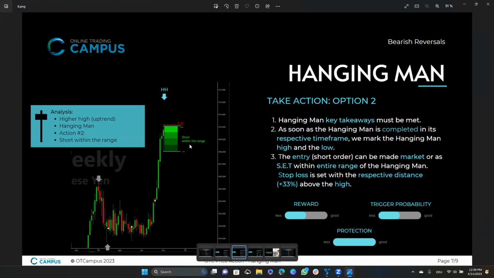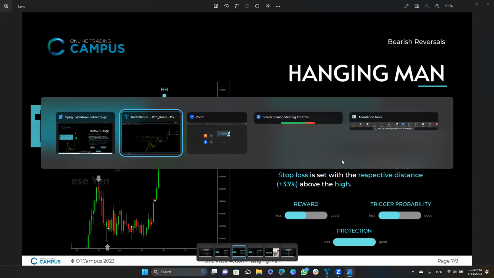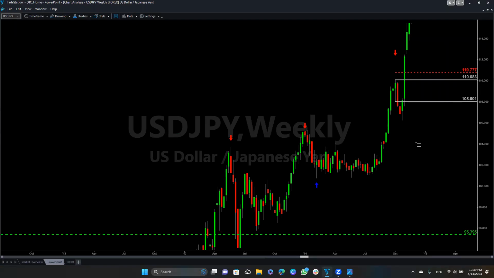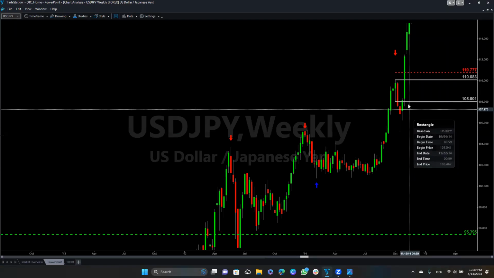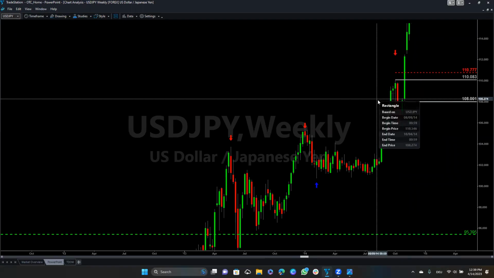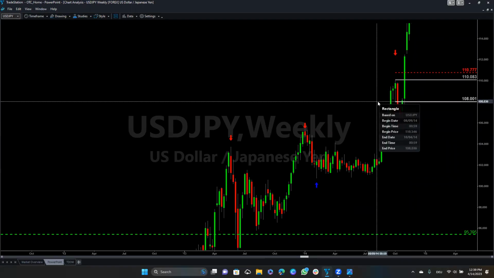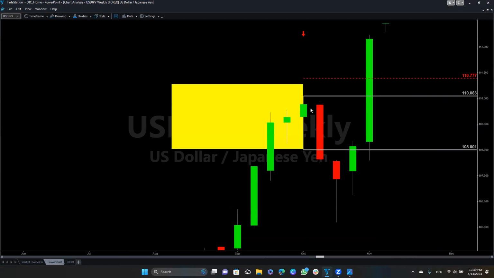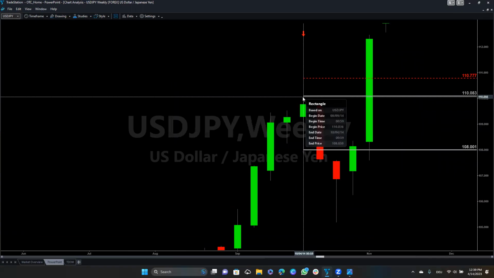Short within the range. Okay, the entry short order can be made at market or set within the entire range of the hanging man. That's what we're going to do. We want to short in this whole area here. Okay, that's a hanging man. And we want to short the hanging man, right?